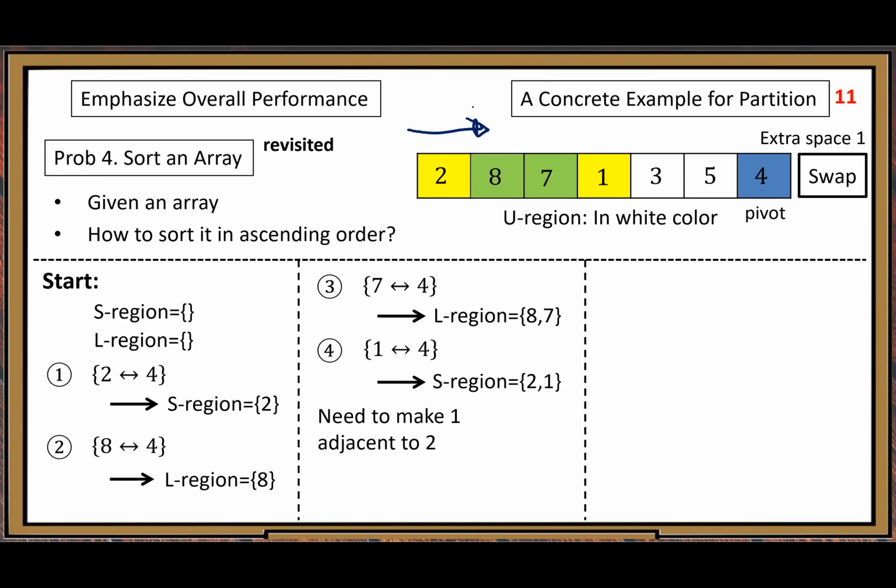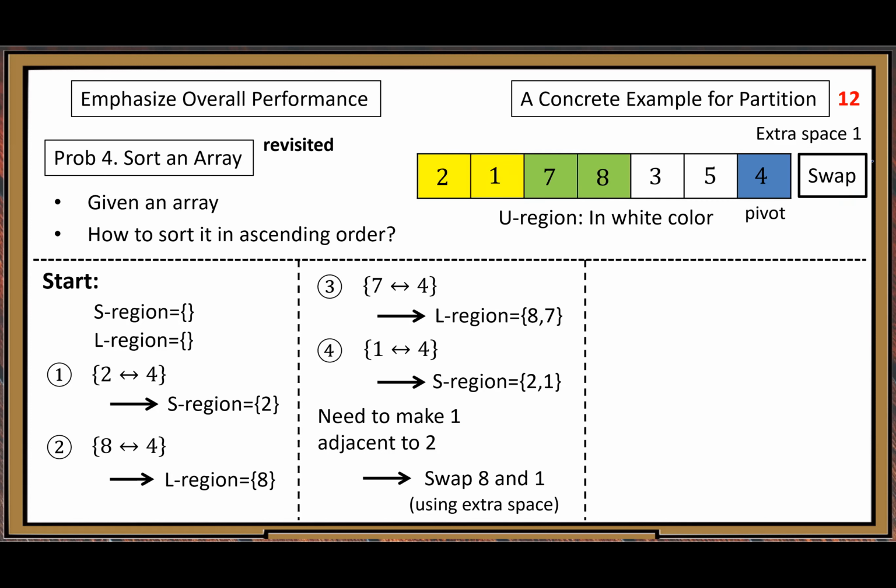We switch 2 elements. Let us just swap these 2 elements, element 8 and element 1. One swap operation. We can use that extra space to do the swap operation. Then, after that, we will have the desired state.